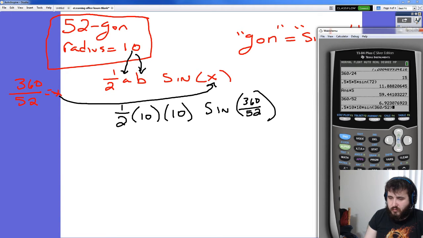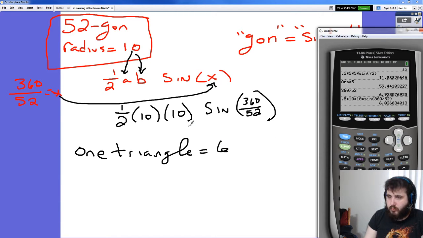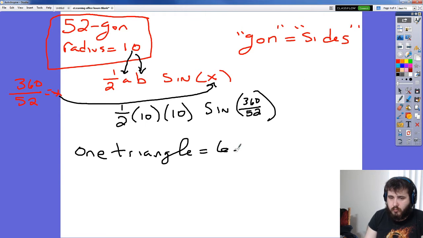That's how I know that what I've done is correct. And this 360 over 52, that's 6.9 something. So I go through, look what I got. This is my area of the one triangle, right? 6.026834013. This is one triangle, but I don't want just one triangle.